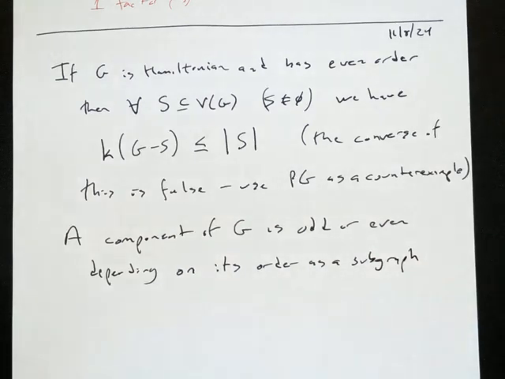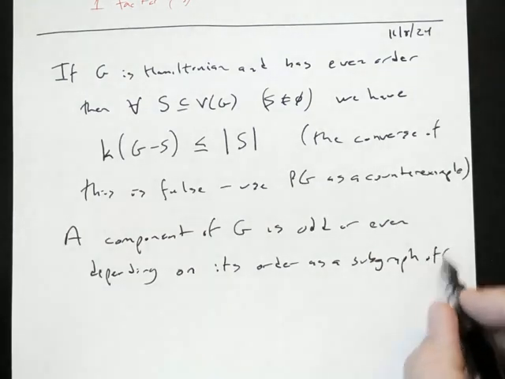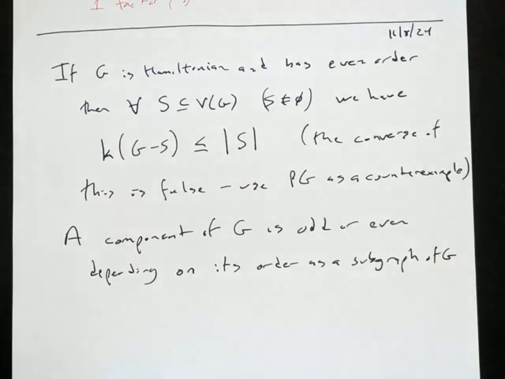So consider the number of vertices in a component as if it was a separate subgraph of G. If that number is odd, we have an odd component. If that number is even, we have an even component.